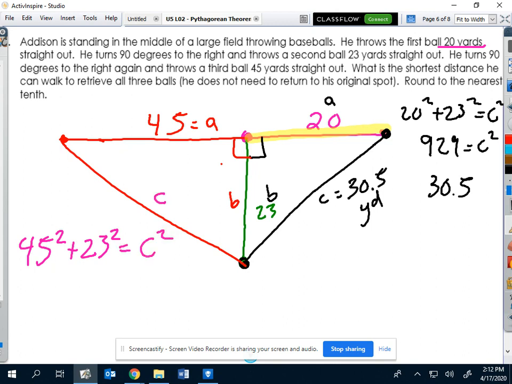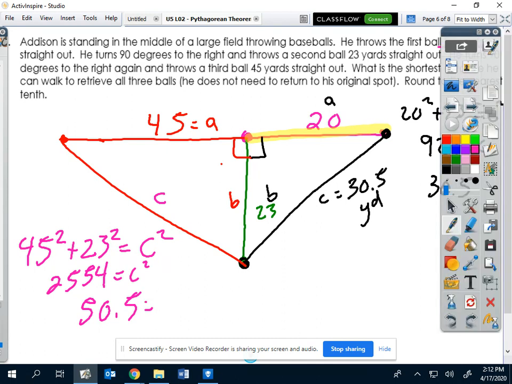Okay, so let's plug that one in. 45 squared plus 23 squared gives me 2,554. Take the square root of that, and we are left with approximately 50.5 yards, right? 50.5 yards.